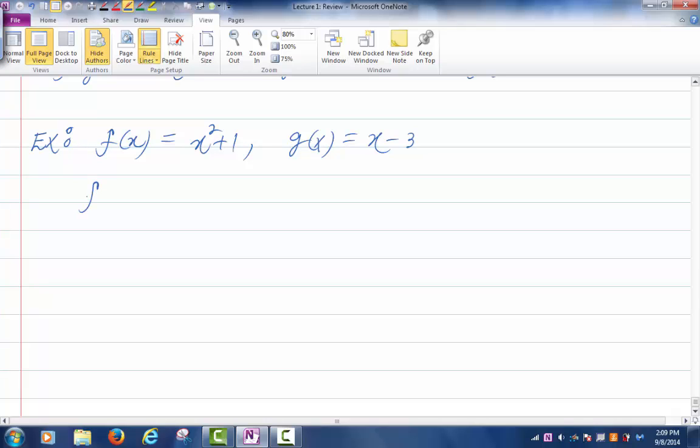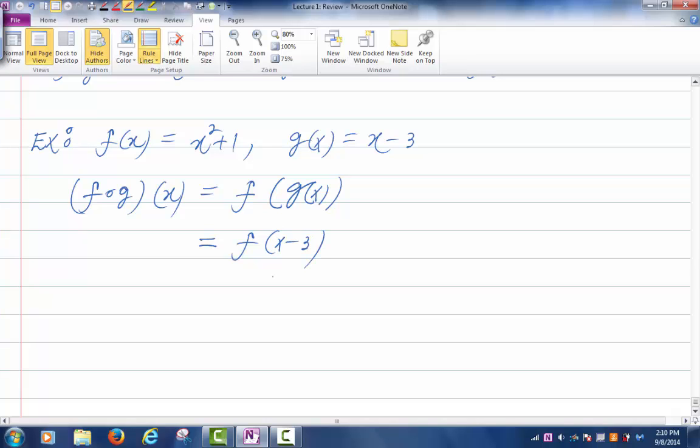Then what is the composition of f and g at x? Well, it is given by f of g of x. So what is g of x? g of x is x minus 3, so I have f of x minus 3.